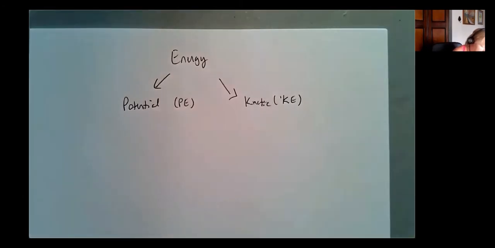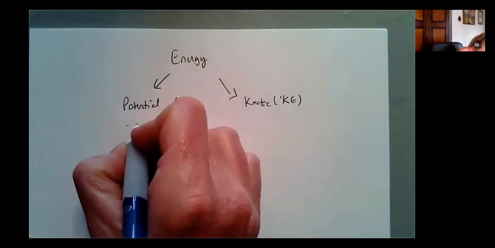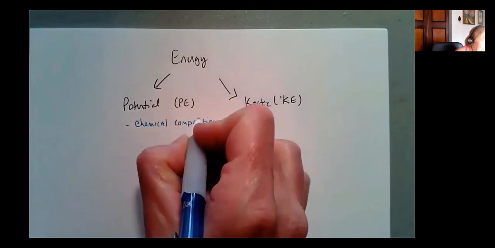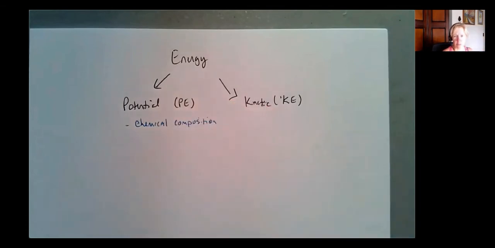Potential energy is energy that's driven from the chemical composition of something. Like TNT has a high potential energy because when that goes into a combustion reaction, it's going to generate a whole lot of heat.